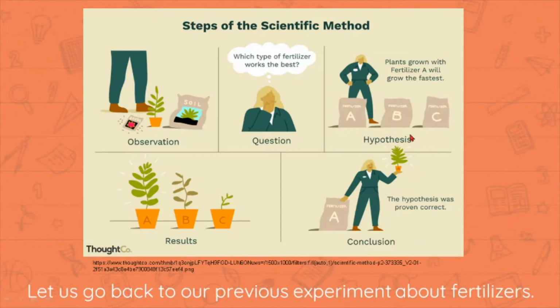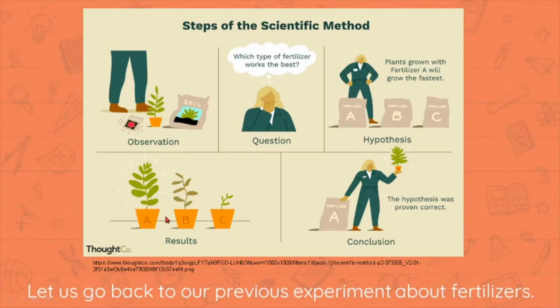That's why you formulated a hypothesis or a possible answer to your question or an educated guess that plants grown with fertilizer A will grow the fastest. So to make sure that this hypothesis is correct or not, you need to conduct an experiment.